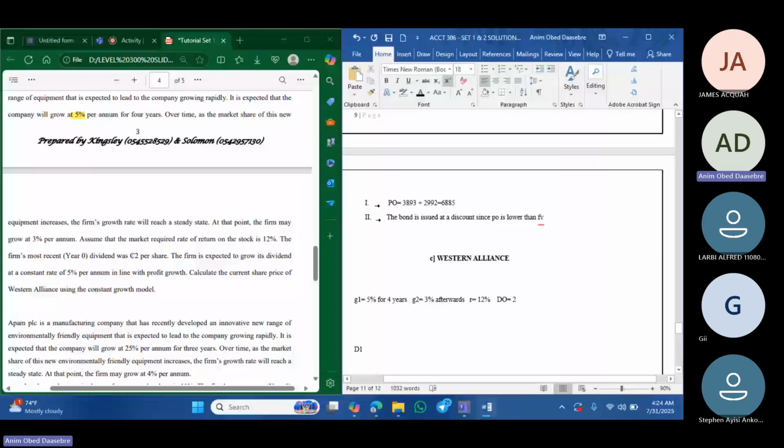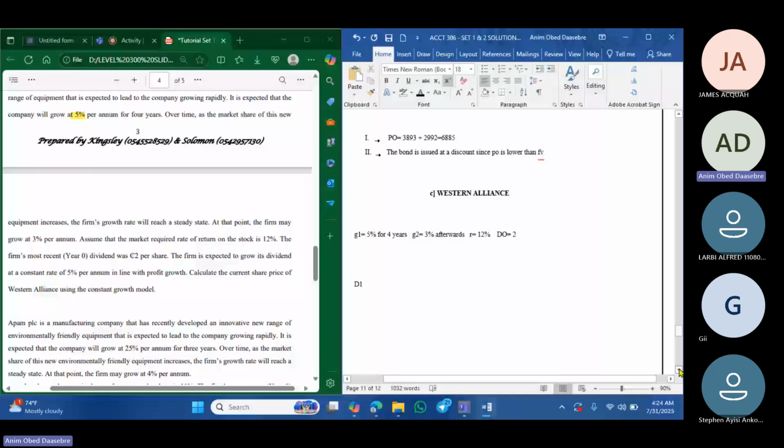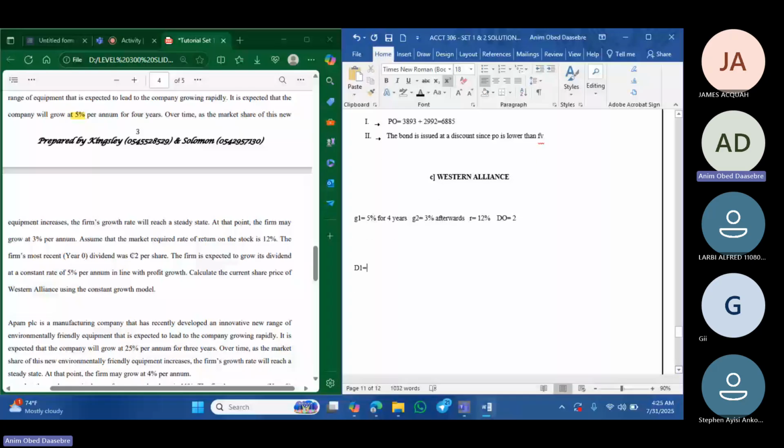Then after getting that, you now discount D1, D2, D3, D4 to present to find the price of the share today. So D1 is what? D1 is equal to D0.